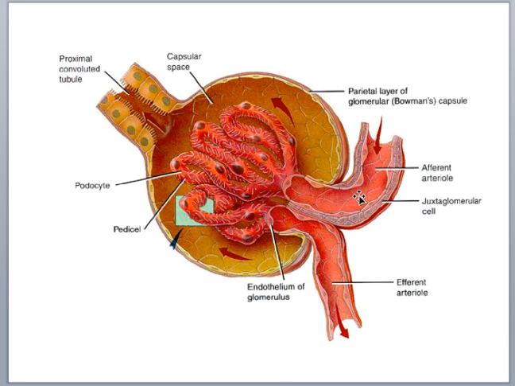So we have to maintain an increased blood pressure in this capillary bed to drive filtration. When blood comes in and there's a high pressure within this capillary bed, it pushes water and other small solutes into this space, which is called Bowman's space. And this outer parietal layer of the Bowman's capsule is what collects what is now called filtrate. When water and other small molecules and solutes get pushed out and collect in this space, it's now called filtrate.